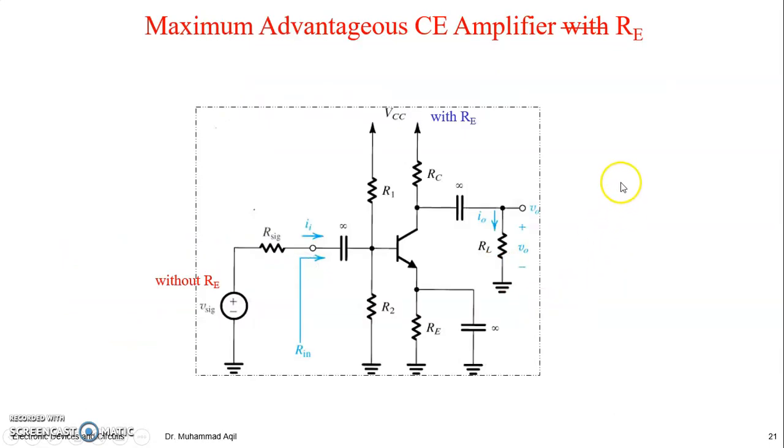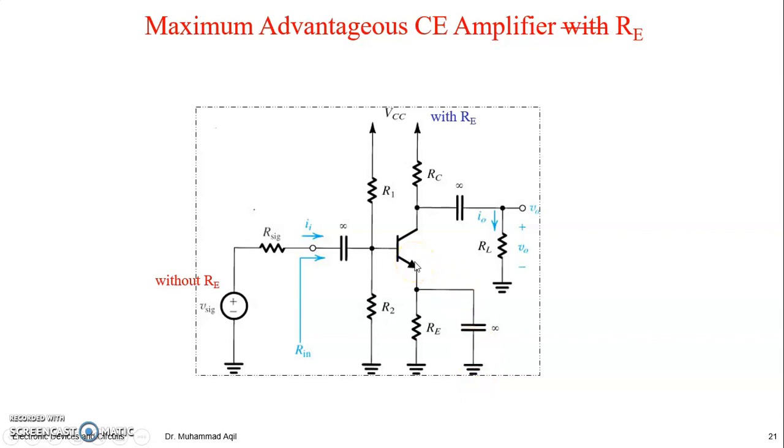So we have another amplifier here. You can see we have RE, but it is bypassed. When you find the DC equivalent circuit of this one, this capacitor will be open circuited, and you will get this DC circuit. It means RE is present in DC. But when you find the AC equivalent circuit, that is, what circuit the signal is seeing, you will short your capacitors, which means you are shorting your emitter to ground directly.